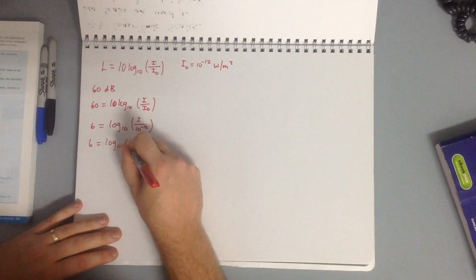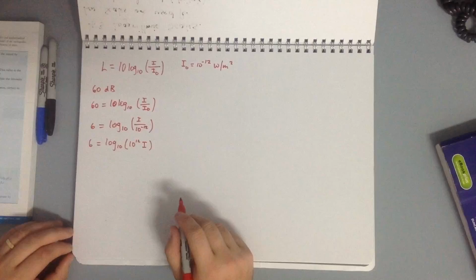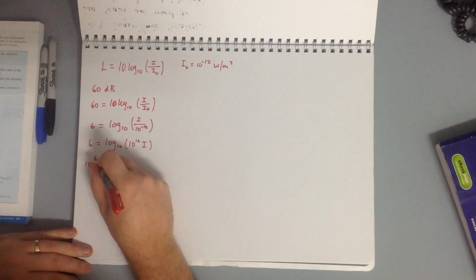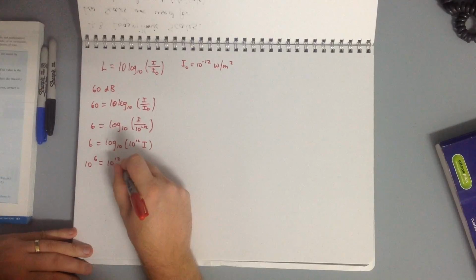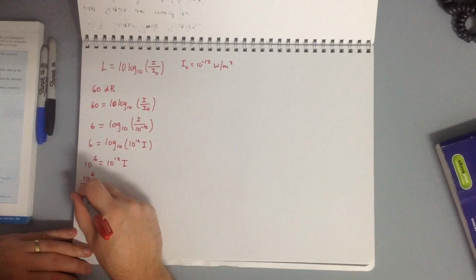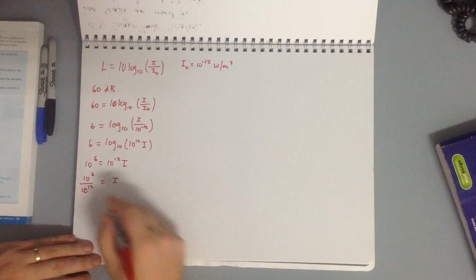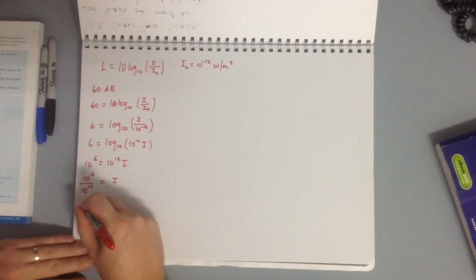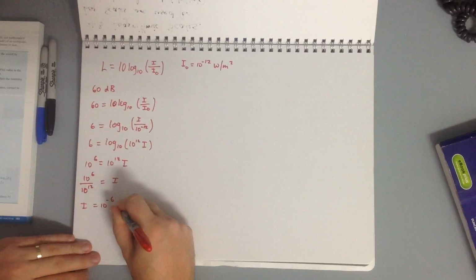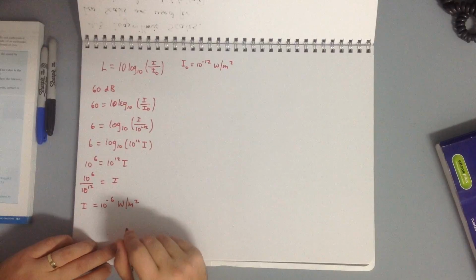So we can make that 10 to the 12 times I. And now we can do our looping method and say that we've got 10 to the power 6 equals 10 to the 12 I, and go 10 to the 6 over 10 to the 12 will give us our intensity. We can subtract our powers, so we get our intensity equals 10 to the negative 6 watts per metre squared.